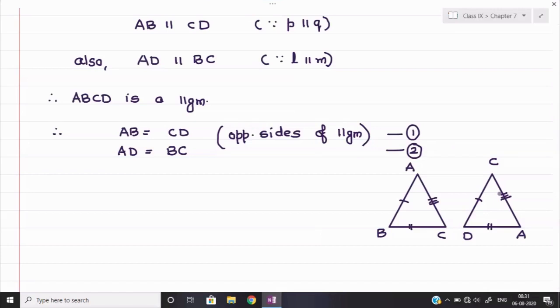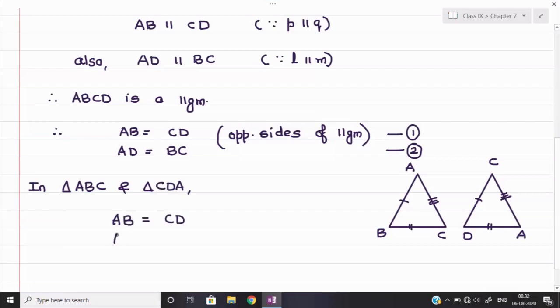So they are equal. So now we shall write down in triangle ABC and triangle CDA. Okay, first of all we'll write down AB is equal to CD.